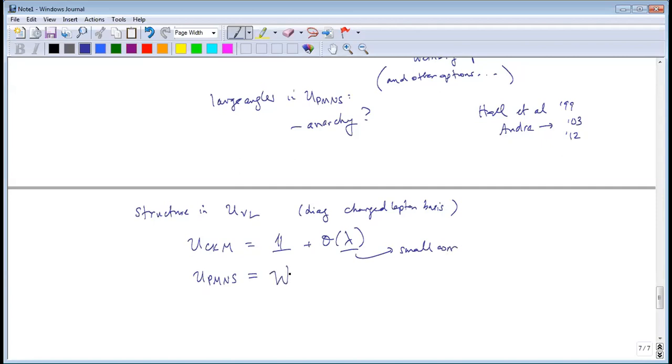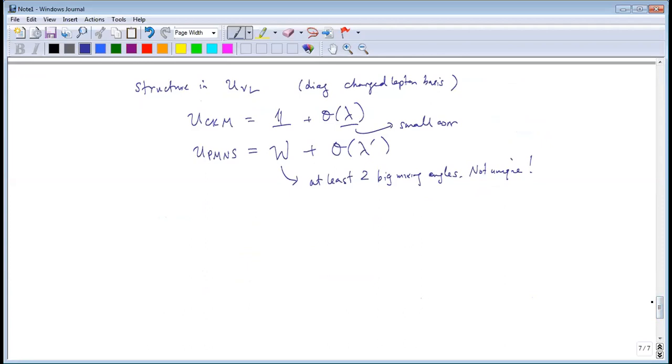We don't have a unique starting point. So we can imagine maybe there's some small parameter or maybe a set of parameters in the lepton sector that correct whatever the leading structure is. But whatever this thing is, it basically is going to have at least two big mixing angles. And it's certainly not unique. So that means there's many different theoretical starting points.